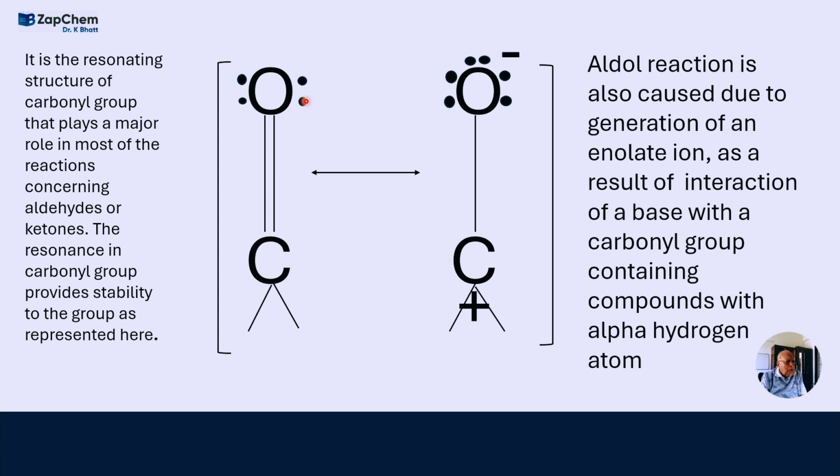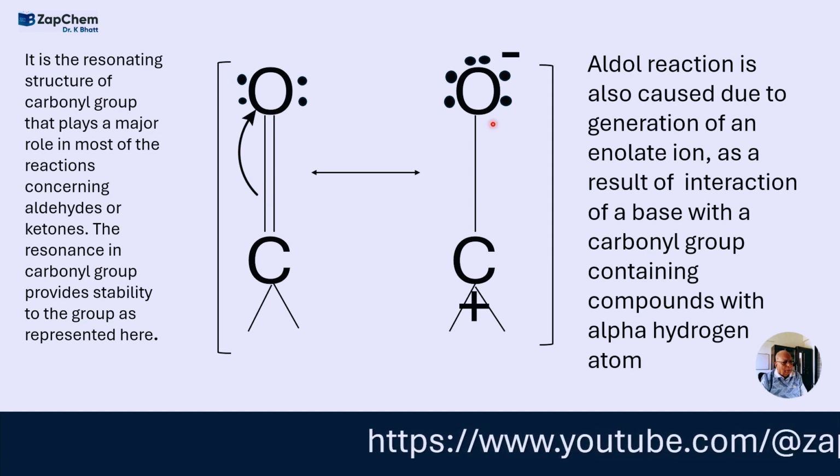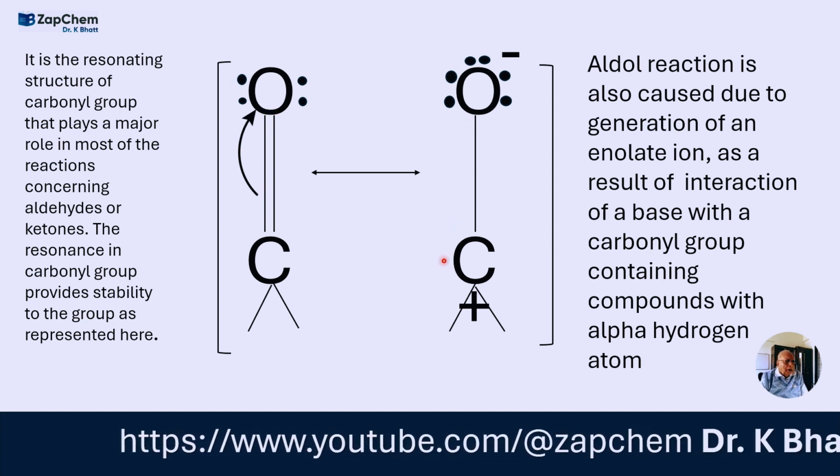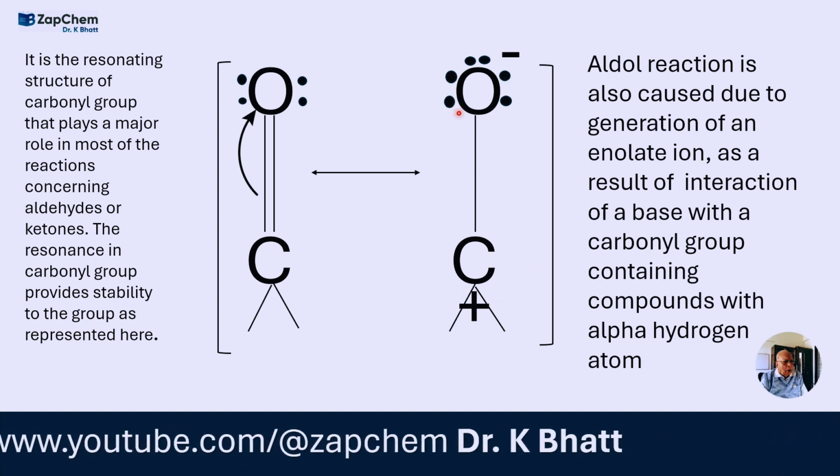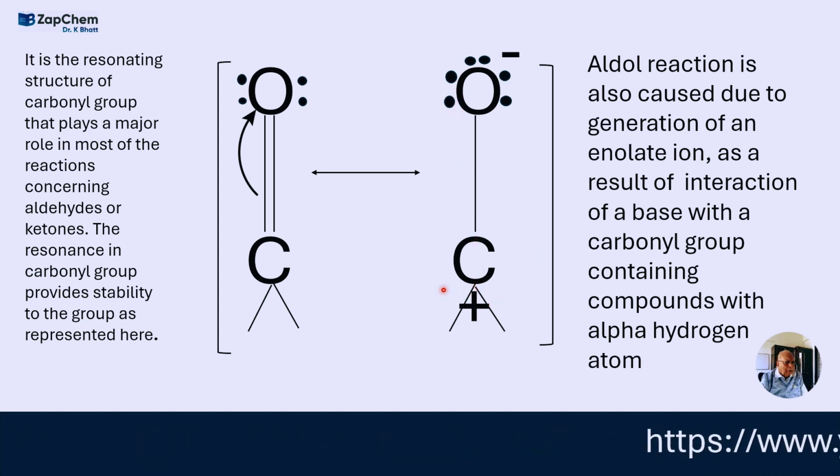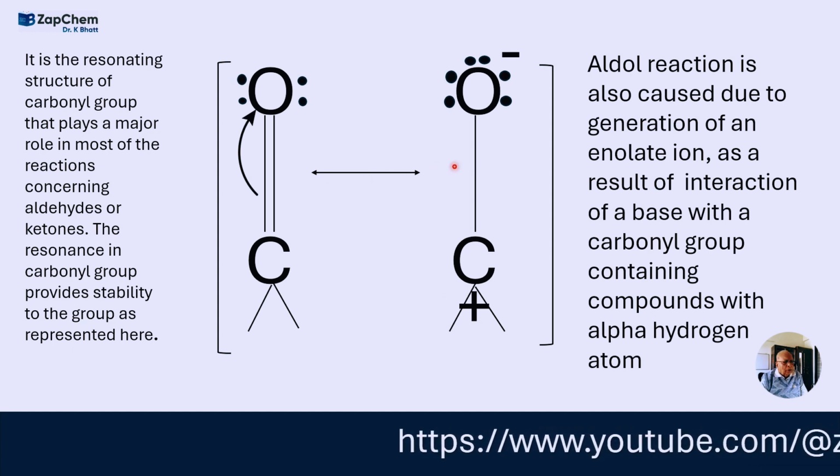So oxygen has a tendency to take up electrons, and under this situation the pi bond, being weaker as compared to the sigma bond, breaks and the electron is transferred to the oxygen atom. That way a new canonical form of the carbonyl group is created. These are the two resonating structures.